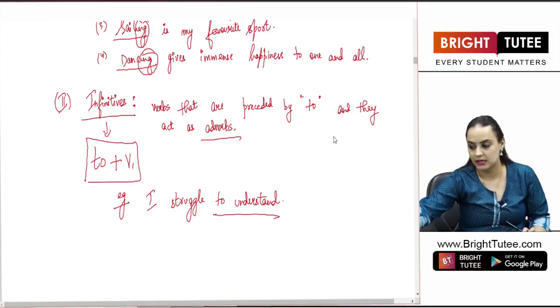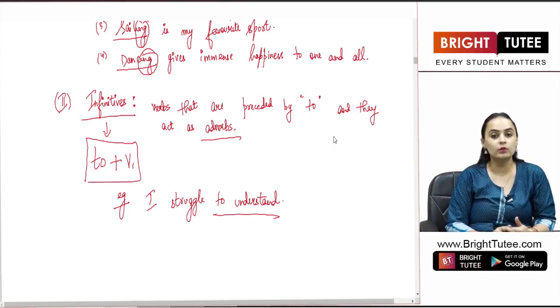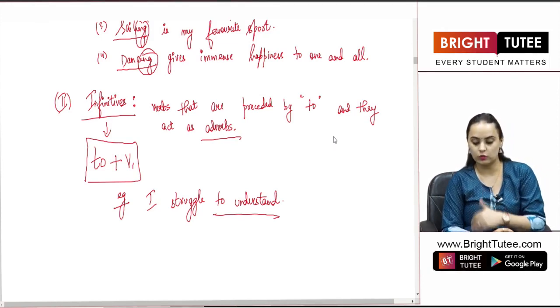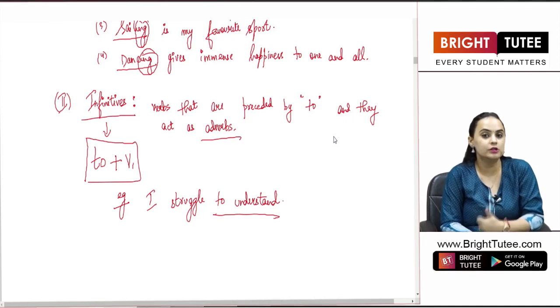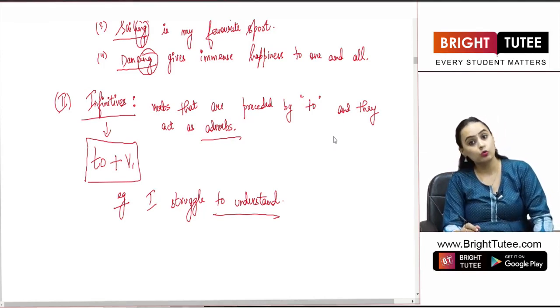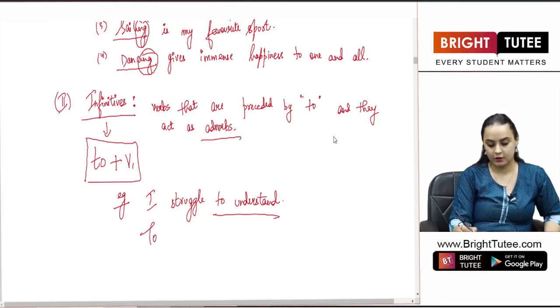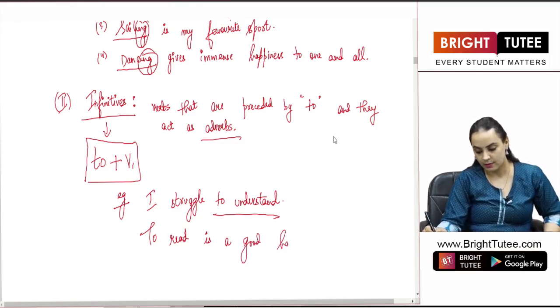So, this is in the infinitive form. And they are acting as an adverb. What do you fail to do? What is the manner? I fail to understand. I struggle to understand. Similarly, they can act as a noun also. If I say, to read is a good habit.